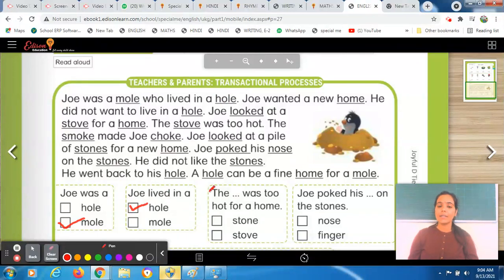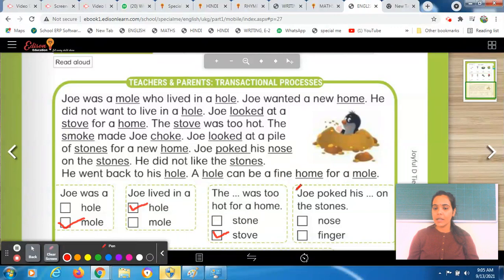Okay. Now the next is the dash was too hot for a home. What was too hot? Stone? No. The stove was too hot for a home because when he looked at the stove, he found that it was too hot. So stove is your right answer.